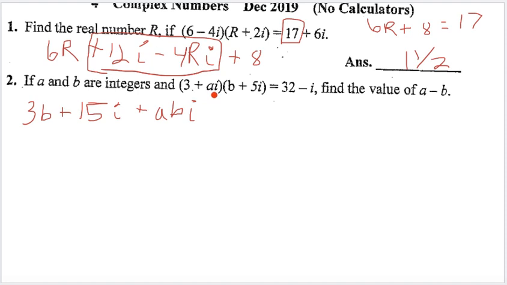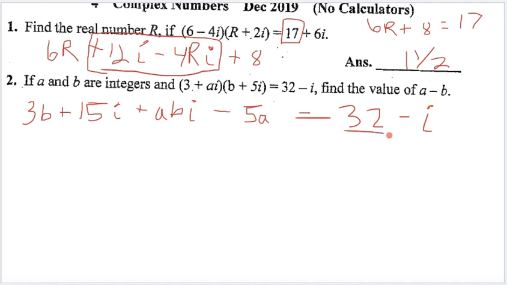And then the ai times the 5i is a plus 5ai squared, but i squared is -1, so I'm going to make it a minus 5a. Because it was plus 5ai squared, and the i squared is -1, so this equals 32 minus i.